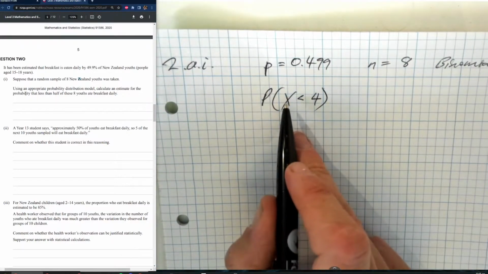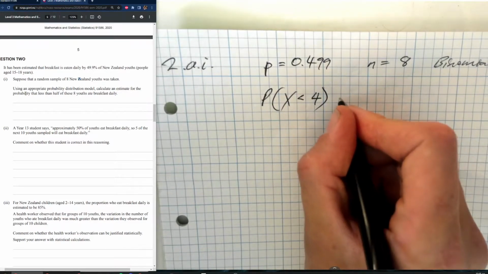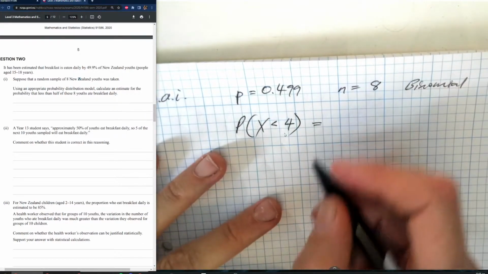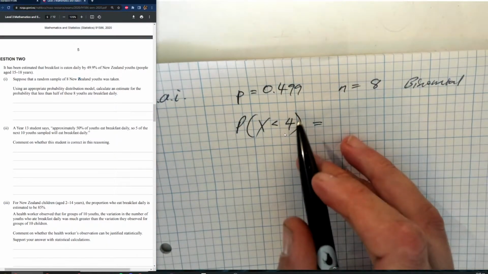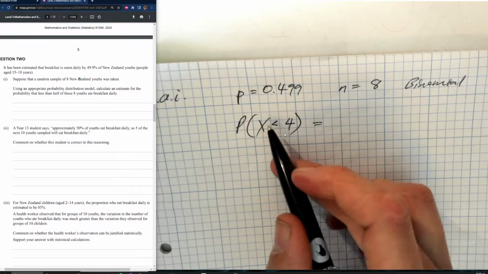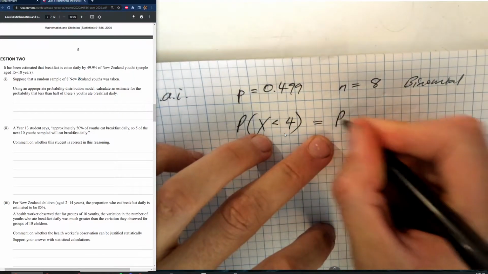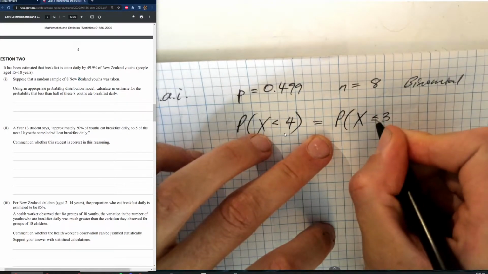Now, our calculator can't actually do that, but our calculator can do cumulative. It can do up until a number, but not including the number. So we're just going to write the number that's below it and include that number.